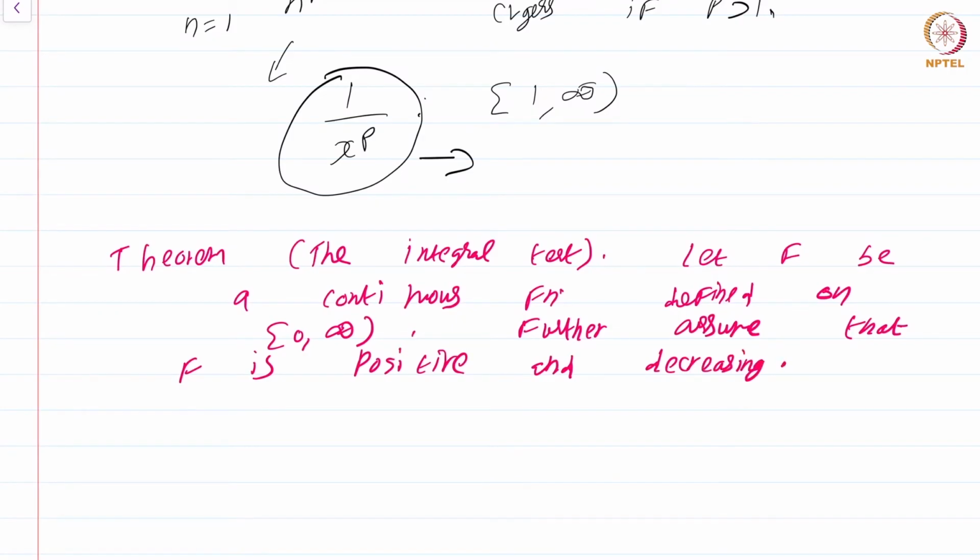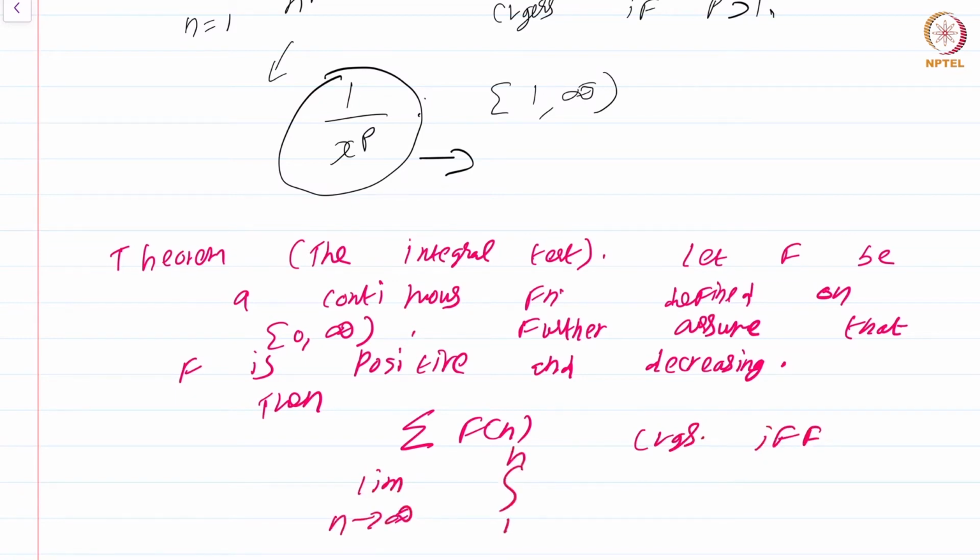Okay, then summation f(n) converges if and only if the limit as n goes to infinity of the integral from 1 to n of f exists.